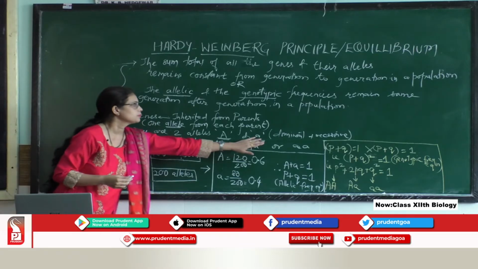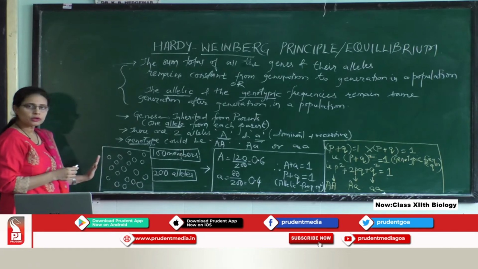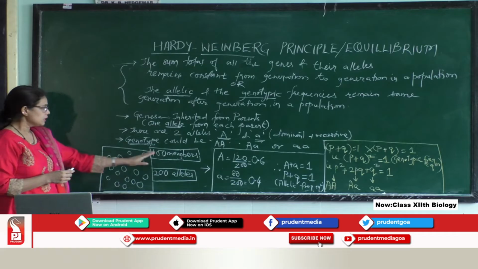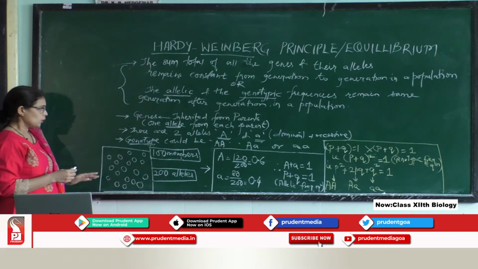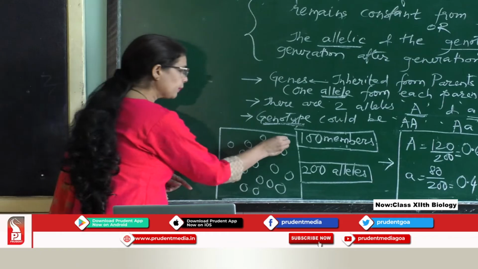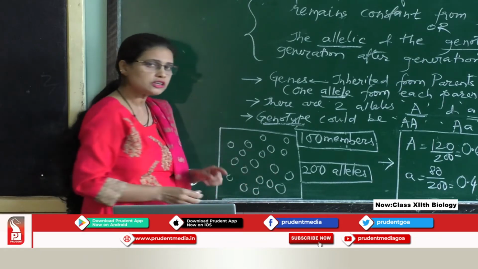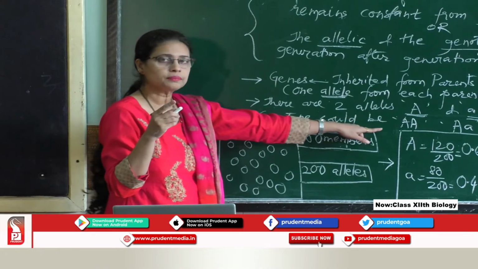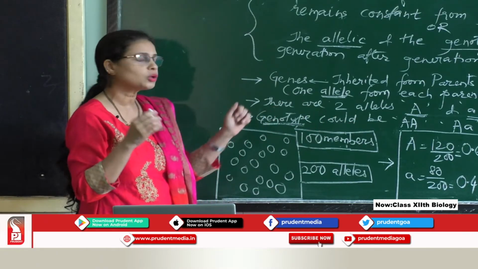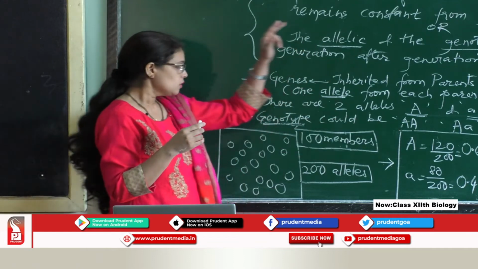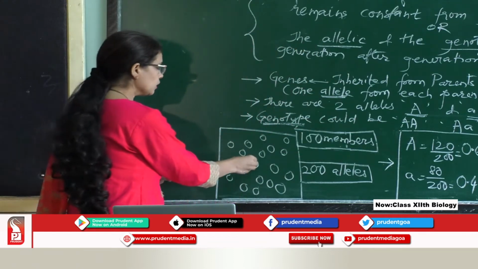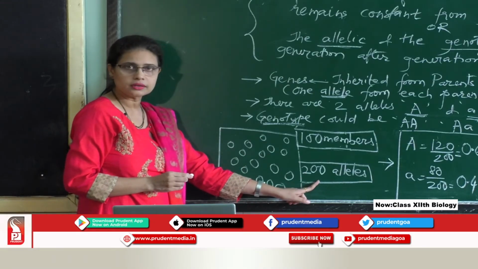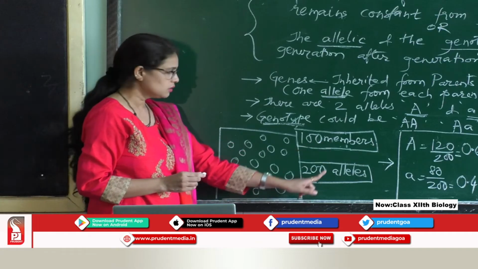Let us imagine there is a population of 100 members. Let us consider it is a human population. There are 100 individuals. Considering that each member has 2 alleles in his or her genotype, we can say the sum total of all the alleles is 200 alleles. 100 members, 200 alleles.